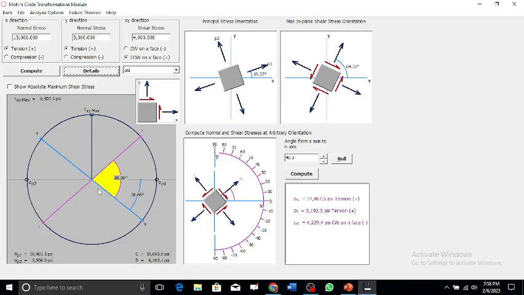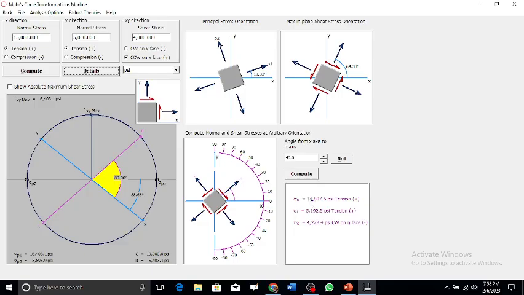And remember, from here we went backwards, which was 51.4, and we add 180 to it. So we get something like 128, and on the element it will be half of that. And again, these are the values of sigma x1, sigma y1 and tau x1 y1.